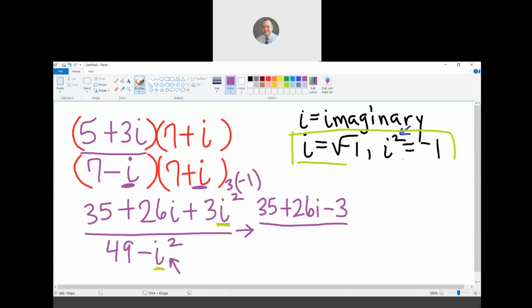And just watch your signs here. You already have a negative sign outside, so we have 49 minus a negative 1. And you know that a double negative turns into one positive sign.